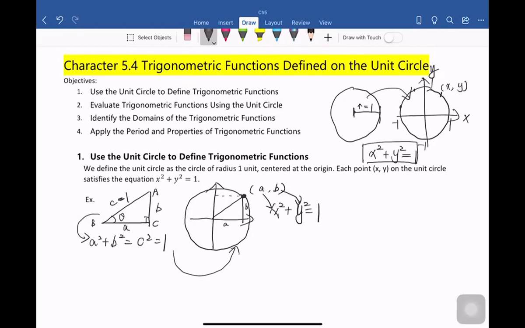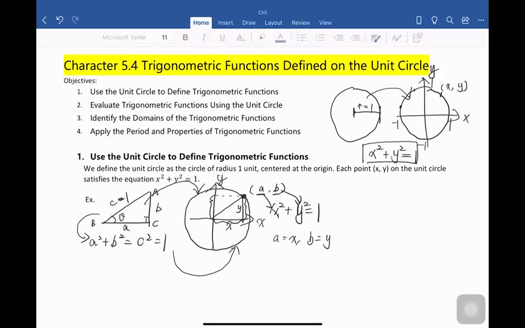So I can use x, y to represent A, B. The distance along the x-axis is A, that's x, and the distance up is B, that's y. Placing this in the xy coordinate plane will help us compute easily.